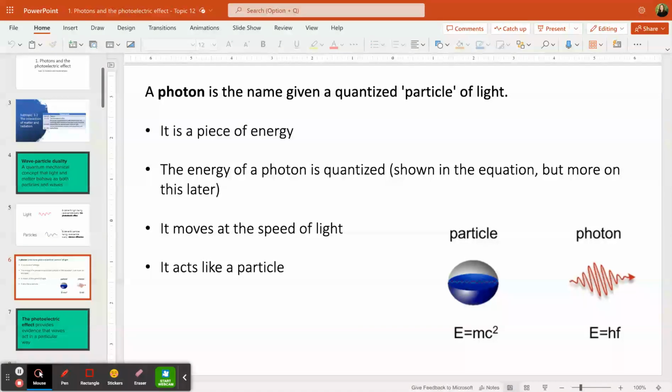The energy of a photon is quantized, which means it has a very specific value. We will learn more about this later. A photon is something you can consider to be a wave packet, a packet of waves. So take an amount of a wave, and it's now a particle amount. It still moves at the speed of light, but it acts like a particle.